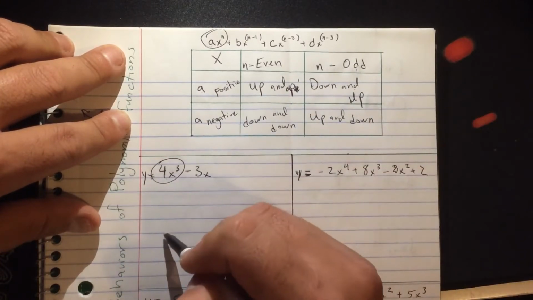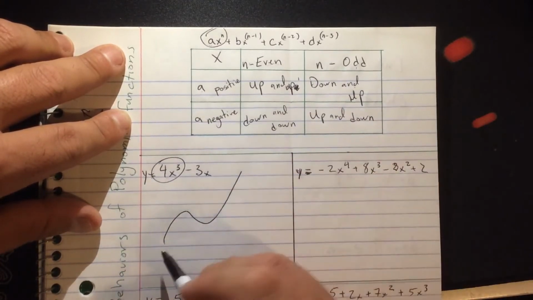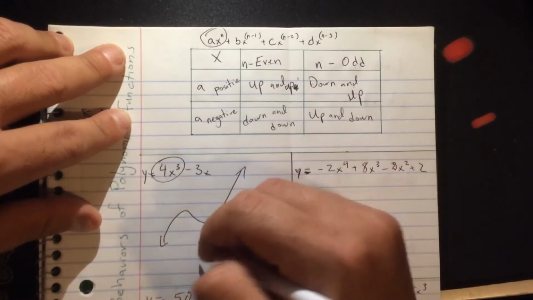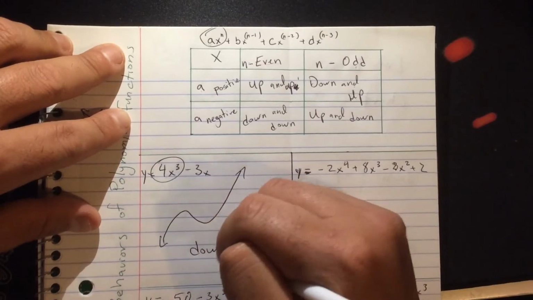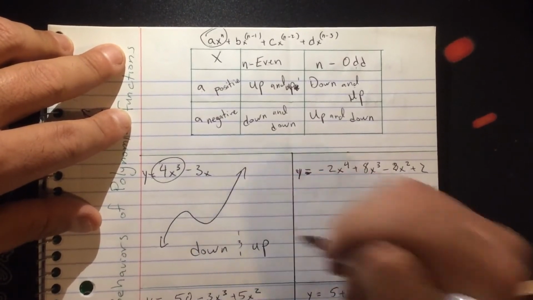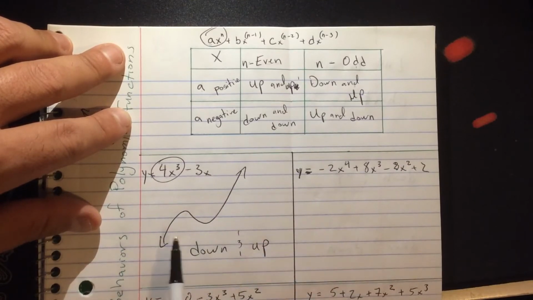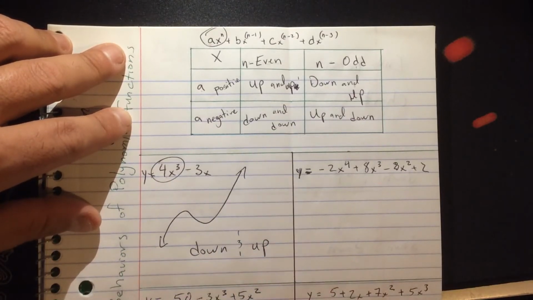So we know our graph is going to look something like this. It's going to start from down and finish up. So the end behavior is going to be down and up. I'm not saying this is what our graph looks like, but this is the possibility: it should start from the down position and go all the way up to the up position as it's finishing.